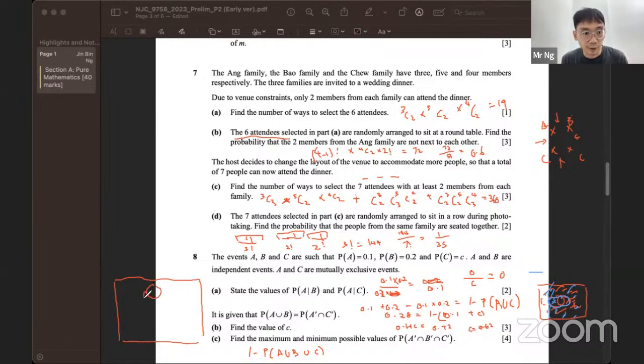So this one is AB. AB intersection, then after that, sorry, I should draw here. C and A are mutually exclusive.